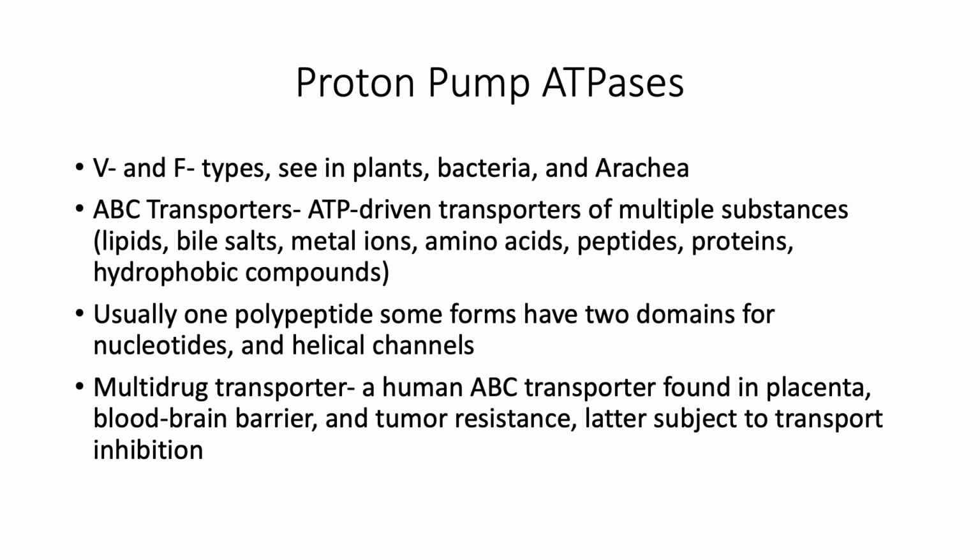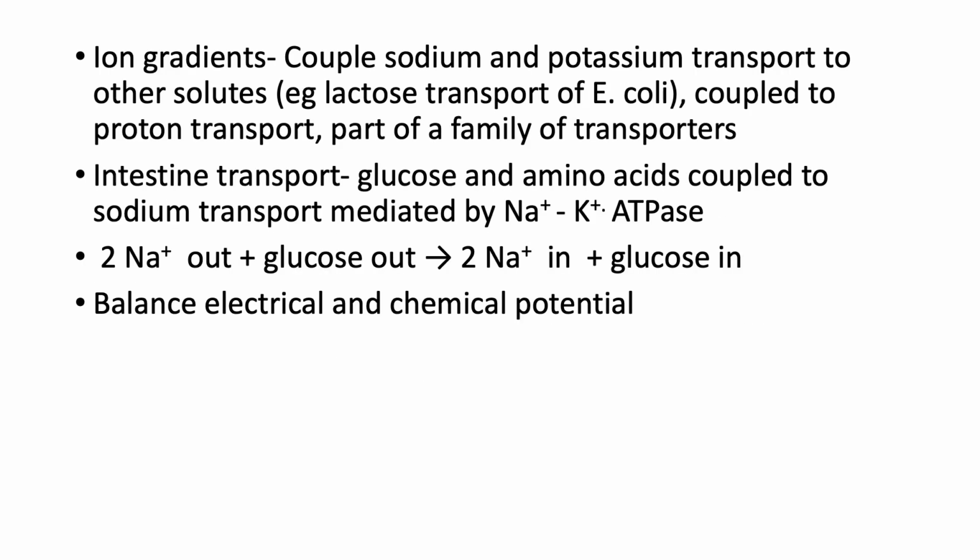There are also multi-drug transporters. A human ABC transporter is found in the placenta, blood-brain barrier, and tumor resistance. The latter, tumor resistance, is subject to transport inhibition. So these are additional forms that involve ATP utilization.